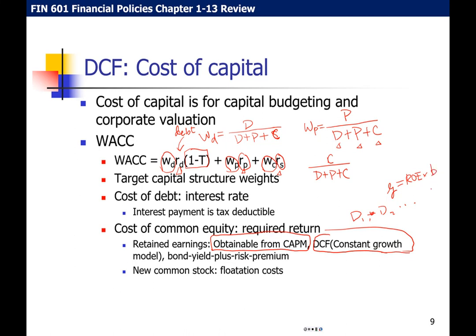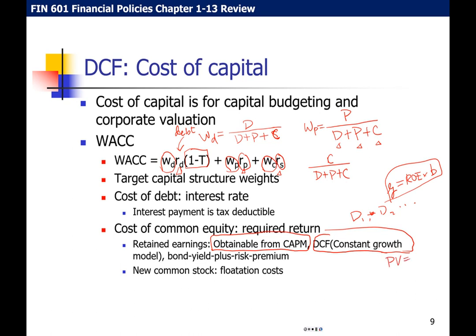The retention ratio b is the proportion of earnings that you keep in the form of retained earnings. So g can be found this way, and then the rest is just applying the formula.